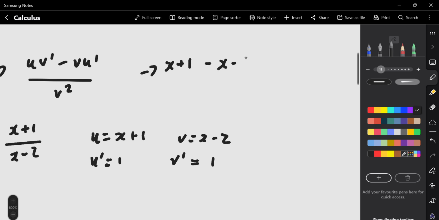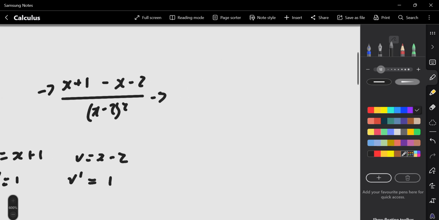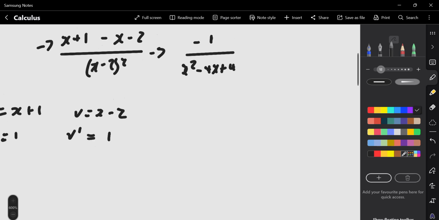Well, that's going to just be x minus 2. All over v squared. What's v? x minus 2. Square it. Bang, bang, bang. Let's simplify for the sake of it. x minus x is 0, 1 minus minus 2 is 3... so we're going to have minus 1 all over. Expand out. We're going to get x squared minus 4x plus 4. Nice. Simple.